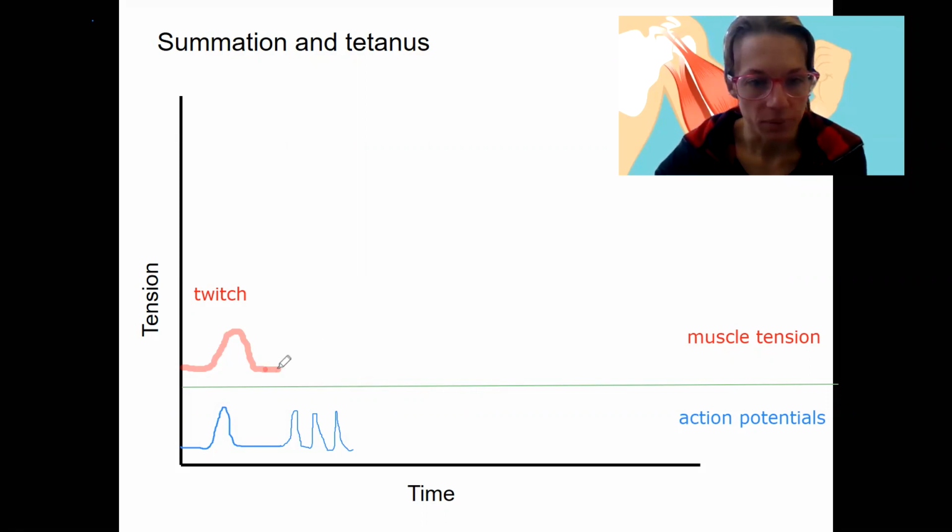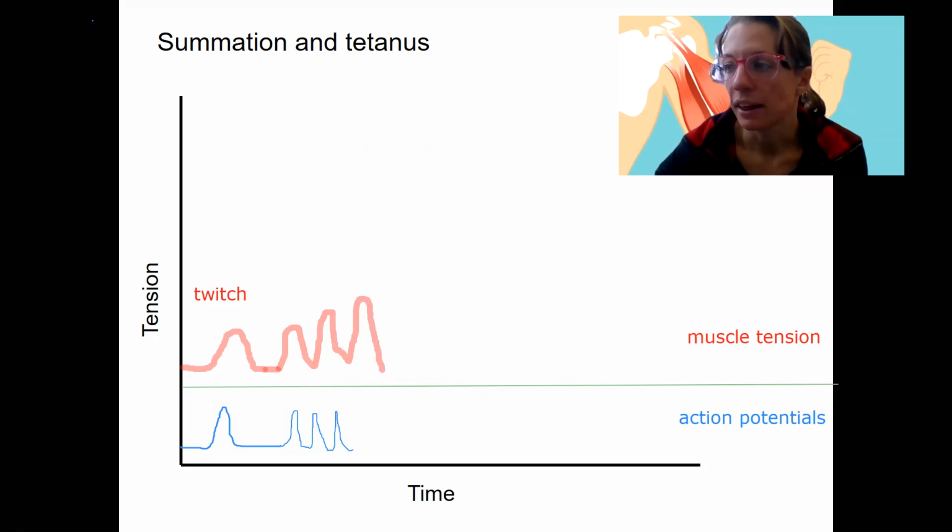So let me draw this here. This is going to look like this. So relaxation occurs completely each time, but it's slightly higher until we do still reach a maximum treppe.